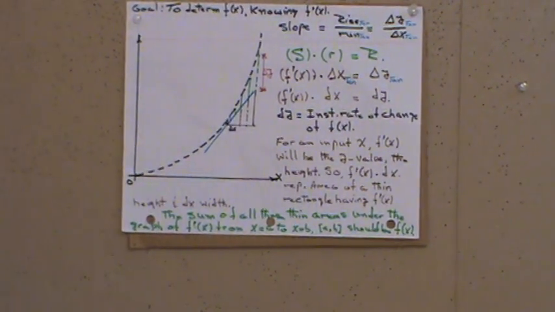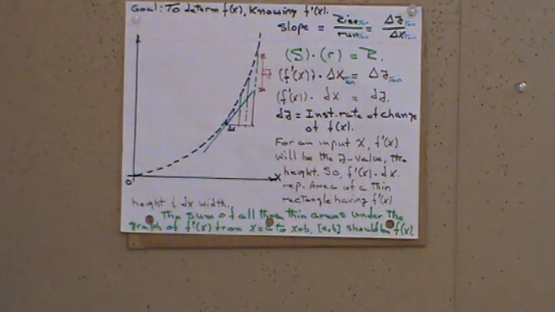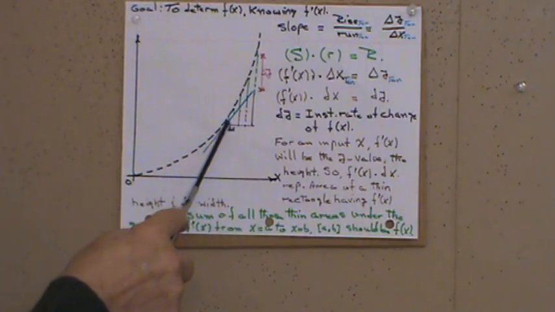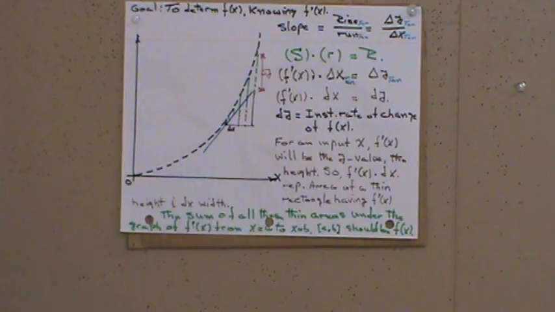And delta y over delta x, don't forget I did write tangent, which means we are talking about rise over run of a tangent. And then as you notice, as we go away from the point of tangency, the gap between the tangent line and the original graph increases. And as we approach the point of tangency, that gap decreases. At the point of tangency, there is no more gap. You follow me? Okay, then let me pause that one.